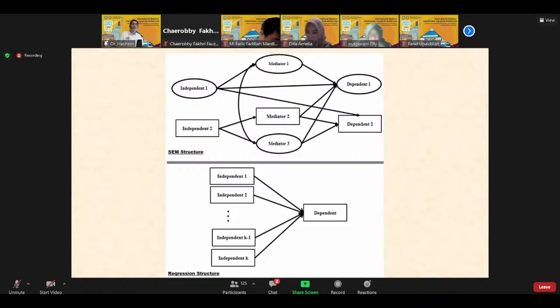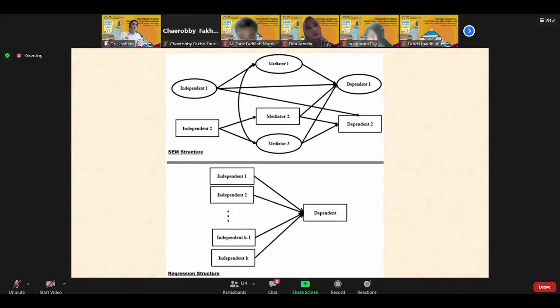And I would suggest to my students, and also to the participating students here, to learn how to deal with the mediator and the moderator, which is helpful to come up with new ideas for a new framework.